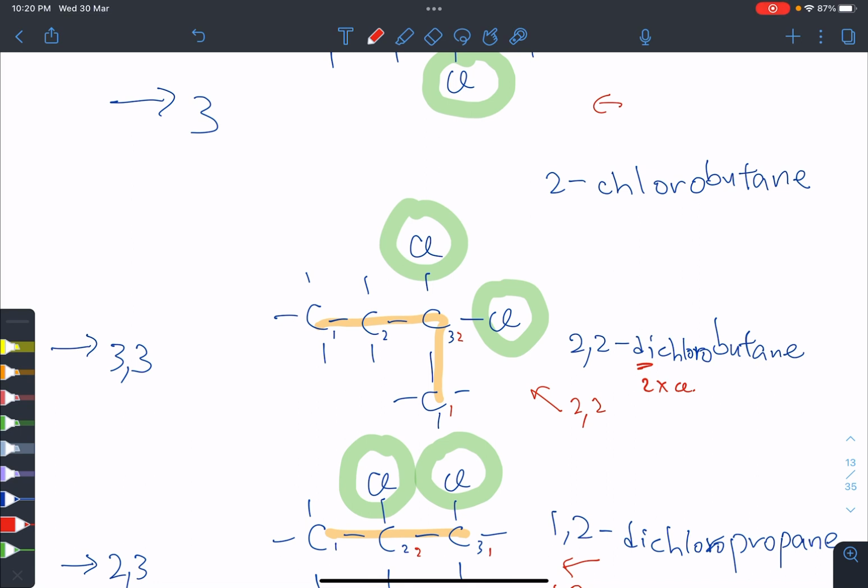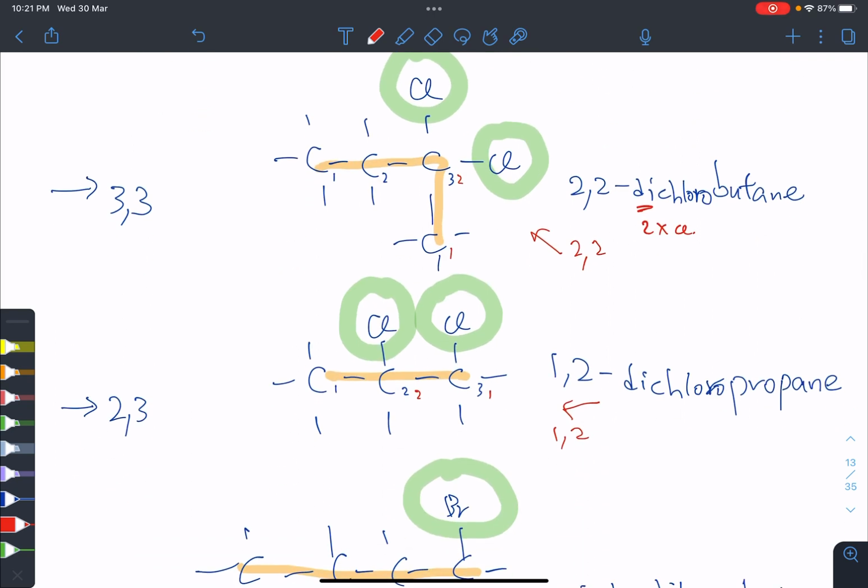So anybody who reads your name should be able to draw the same structure. If I just say 2-dichlorobutane, then I will go like, where's the other chlorine? What position is it in? So if there are 2 groups, 2 numbers; 3 groups, 3 numbers. That's the idea.